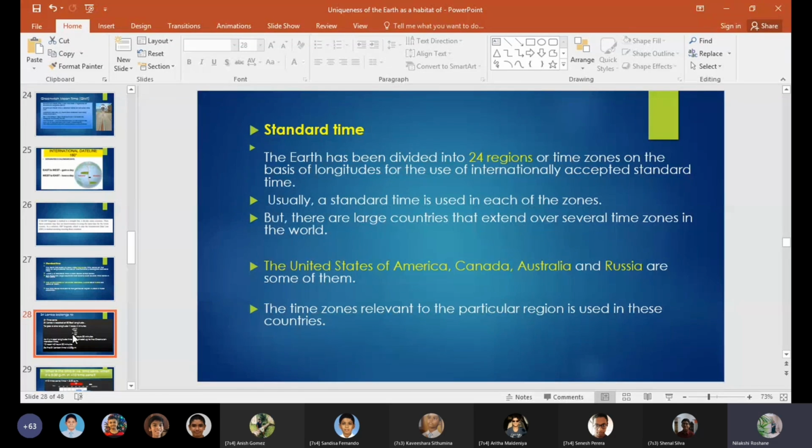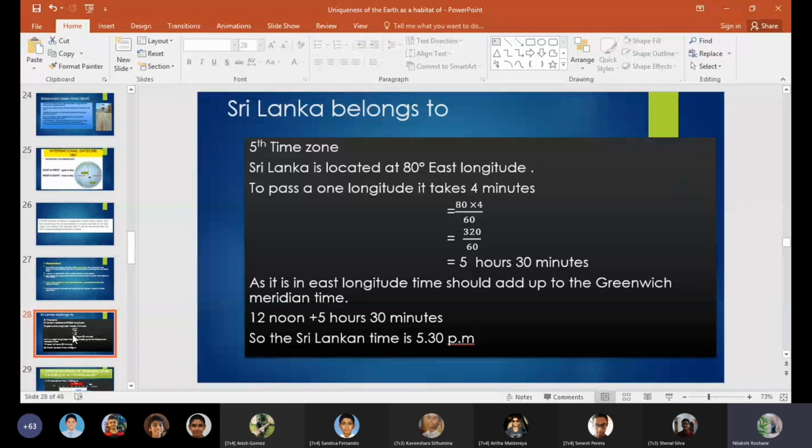To pass one longitude, it takes 4 minutes. Earlier we discussed that to pass one longitude, it takes 4 minutes. So what you have to do is multiply 80 by 4. You get the answer as 320, which is in minutes.